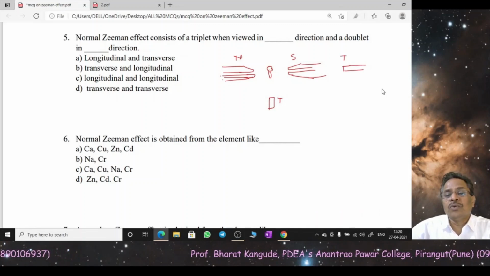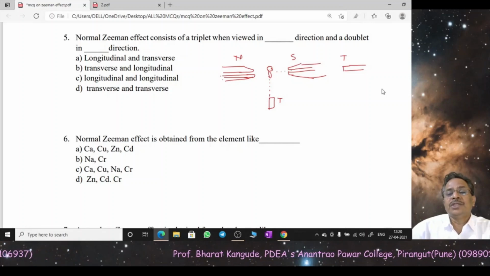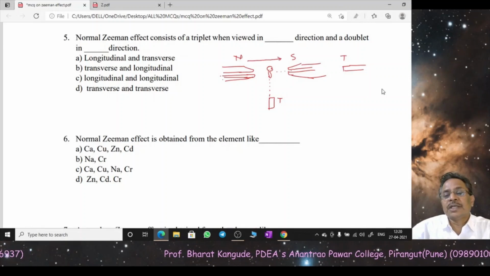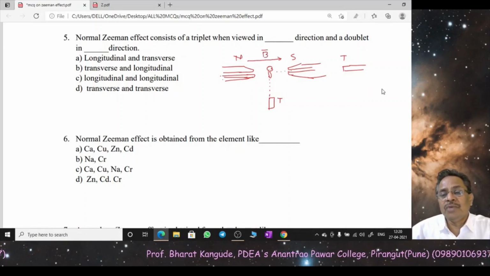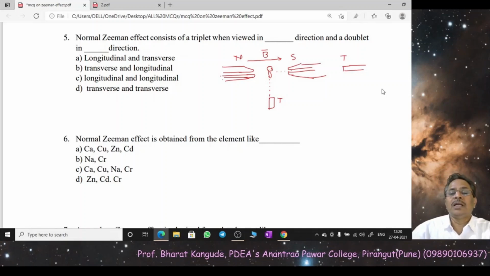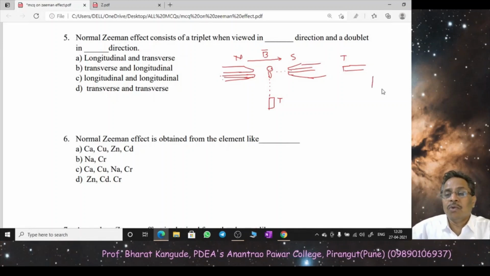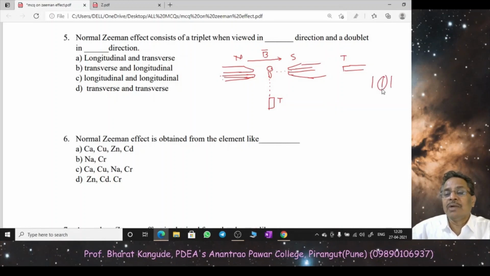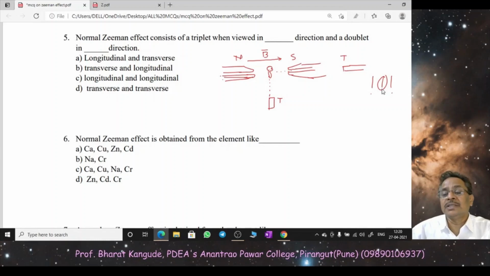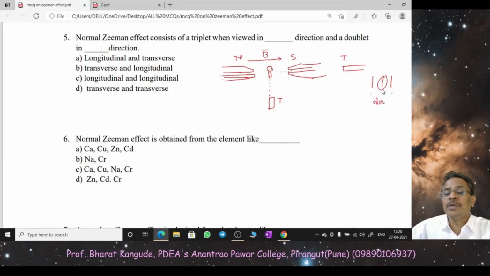This is the direction of the magnetic field, B or H. When we view parallel to the direction of the magnetic field through this telescope, two lines are found, so it is a doublet. The in-between line is absent, and only the left-hand side and right-hand side lines are observed.